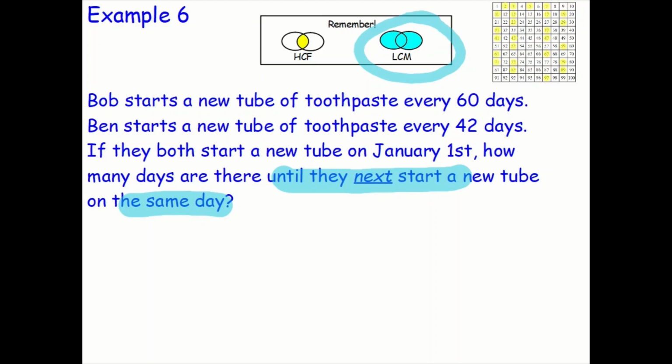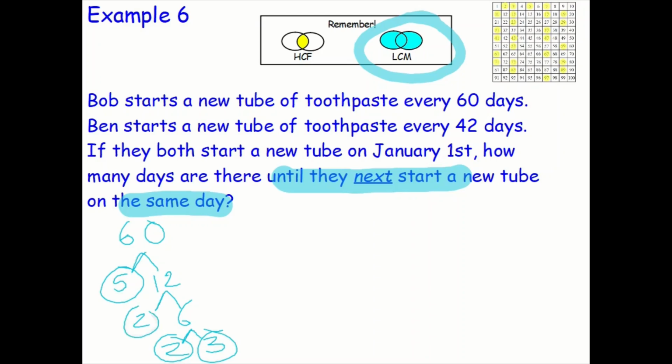Okay, so if we break 60 down as a product of its prime factors, 60 is 5 times 12, 5 is prime, 12 is not, 2 times 6, and 3 times 2. And 42 is 7 sixes.